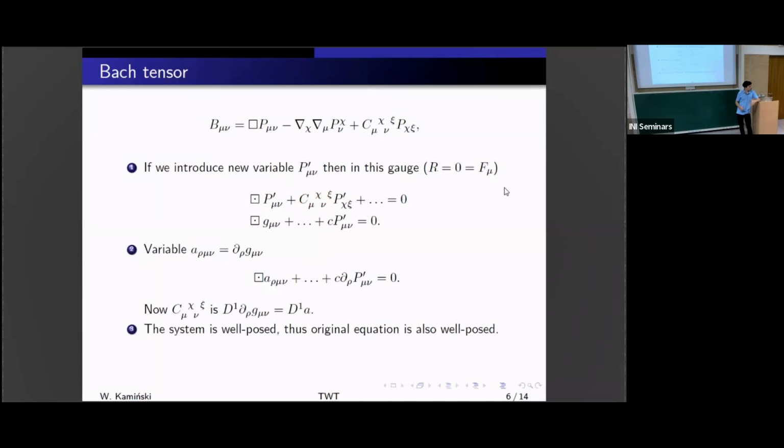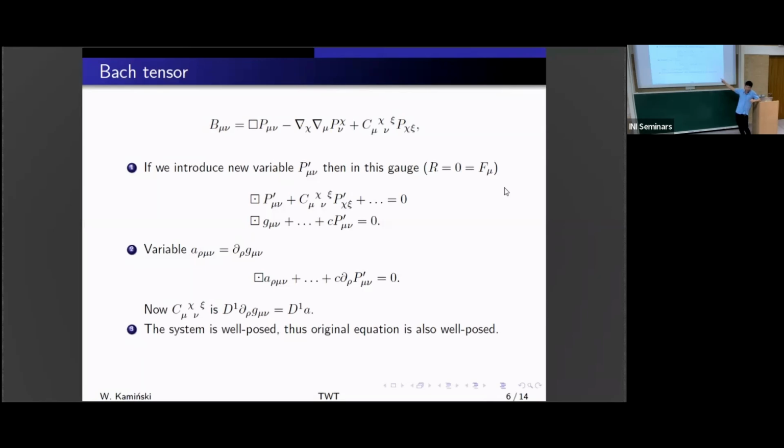Okay, so let's differentiate this last equation overall and introduce a new variable that we hope will be the derivative of the metric. If we do that, then suddenly this system, now a system of three equations, turns out to be quasi-linear. Why? Because C depends on the second derivative of the metric, but now it will be the first derivative of our new variable.